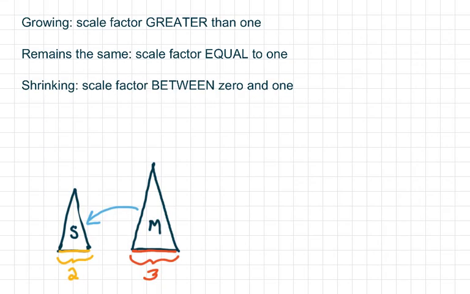So 3/2 is a growing scale factor because it's a scale factor greater than 1. I can tell looking at the image that when I'm talking about going from triangle M to triangle S, I'm looking for a shrinking scale factor. That's a scale factor between 0 and 1.